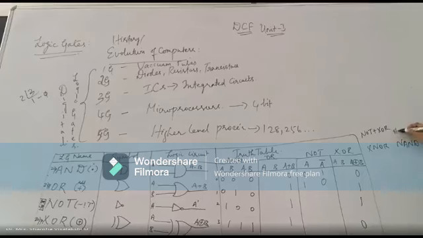NAND is NOT plus AND. And NOR is NOT plus OR. It's simple. Okay? So how to fill up the truth table now? Simply, the complementary values of XNOR can be derived out of XOR by complementing its truth values.